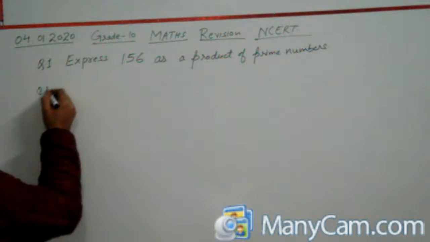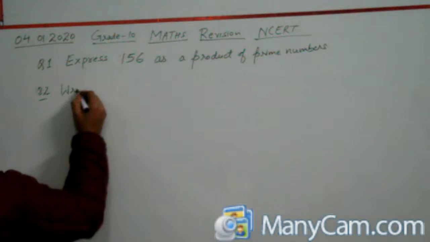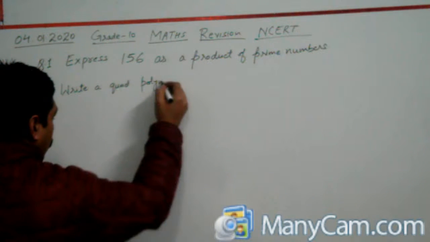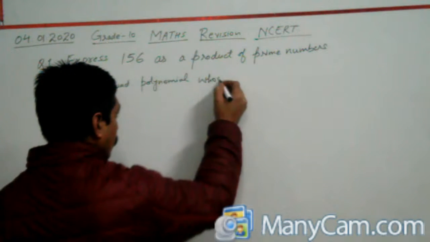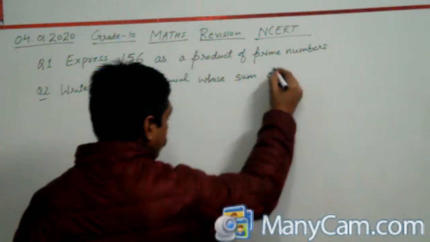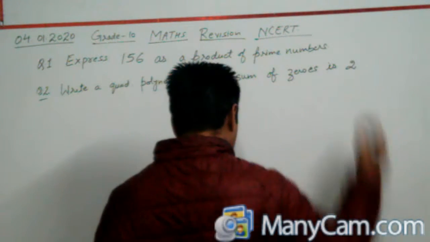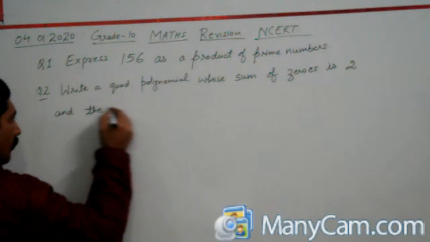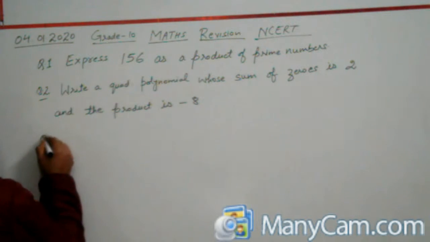Question number 2: Write a quadratic polynomial whose sum of zeros is 2 and the product is -8.